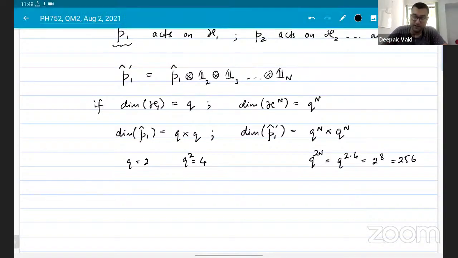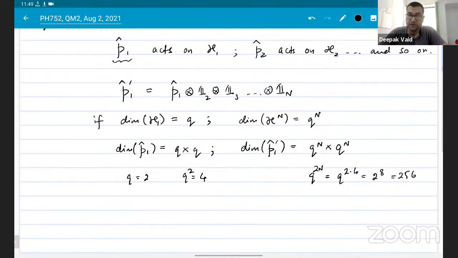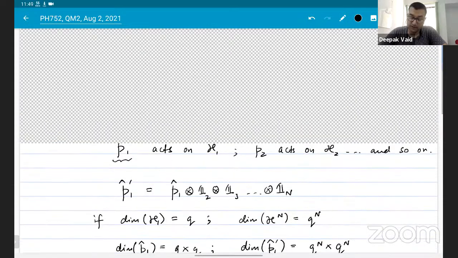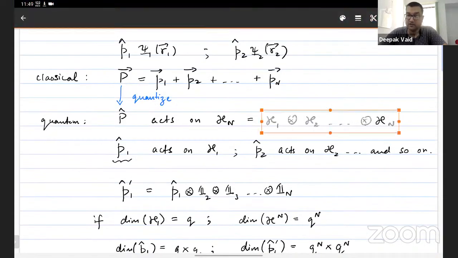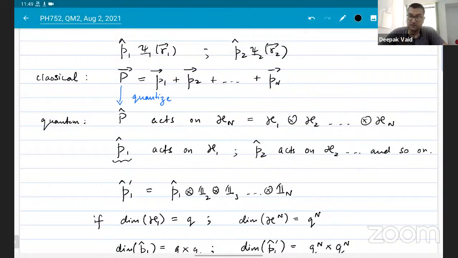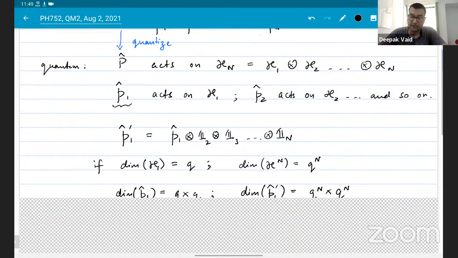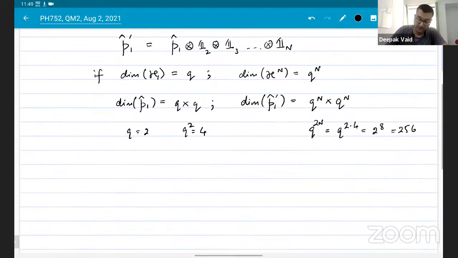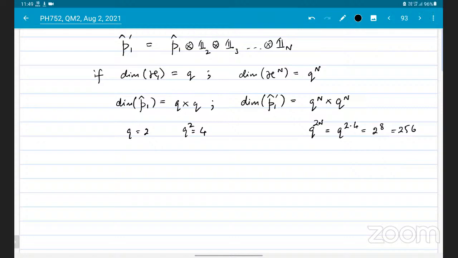This is simply saying that this operator acts only on the first particle. That's it. Particles can be interacting or non-interacting. I've not said anything about that. So this Hilbert space contains all of the states, all possible n particle states. Is that okay? Yes, sir. That's fine.